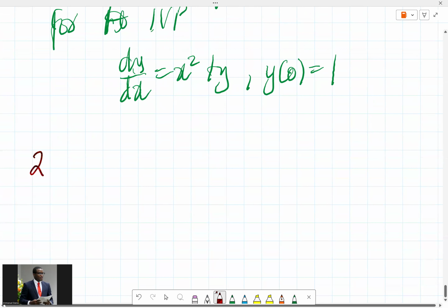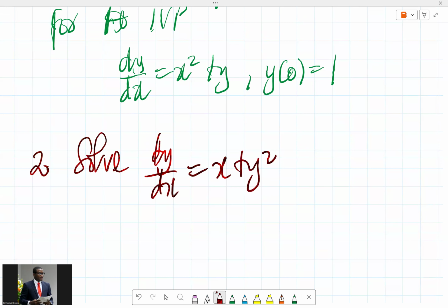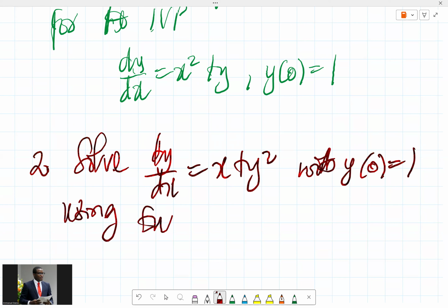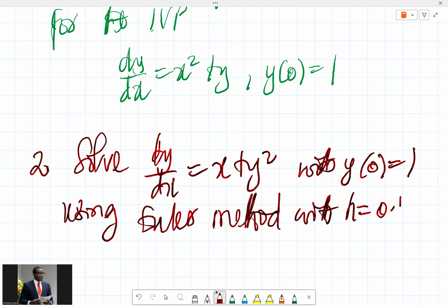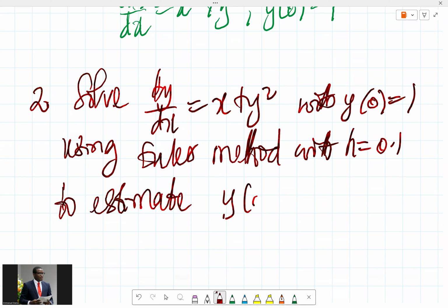Can we look at a second one? Solve dy/dx equals x plus y squared, no longer x squared plus y, with y of 0 equals 1 using Euler's method with h equals 0.1 to estimate y of 0.3.